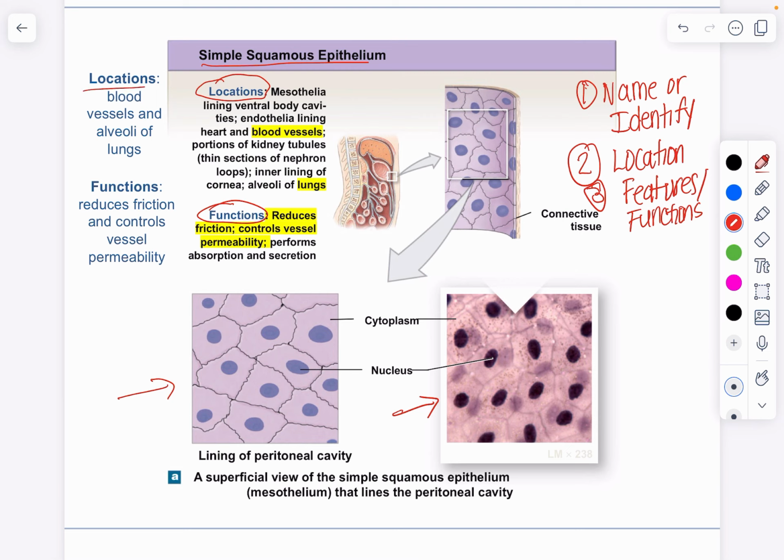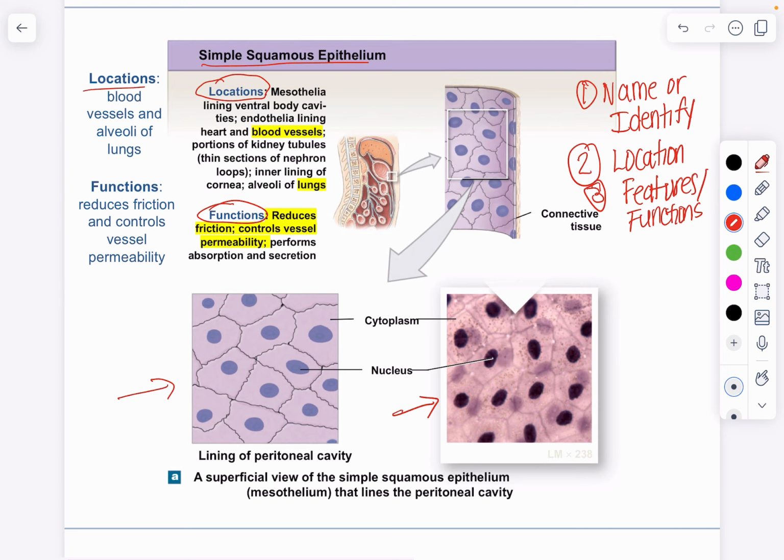I've listed off to the side a couple great locations that you can name for where you would find simple squamous epithelium. One is blood vessels. The other is in the alveoli of the lungs. Those are the air sacs that are deep in the lungs. That is where gas exchange occurs. So there's a really important function here.